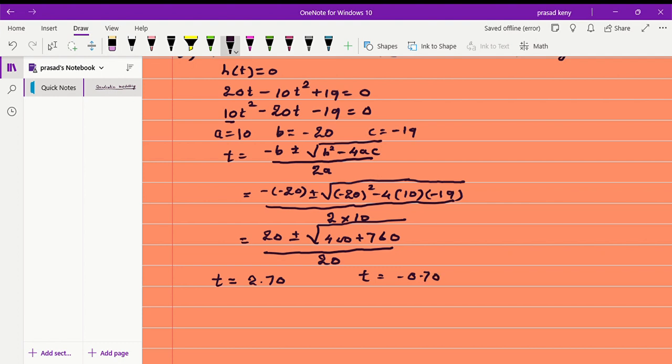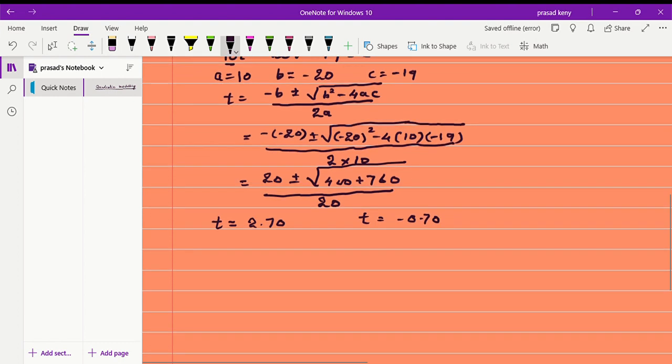Obviously, negative 0.70 is not possible because time cannot be negative. So the only acceptable value is 2.70. That means the ball hits the ground after 2.70 seconds after its projection.